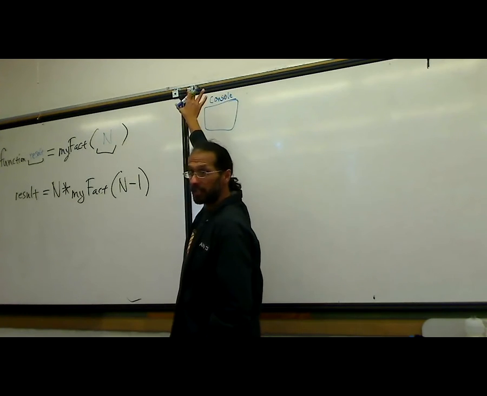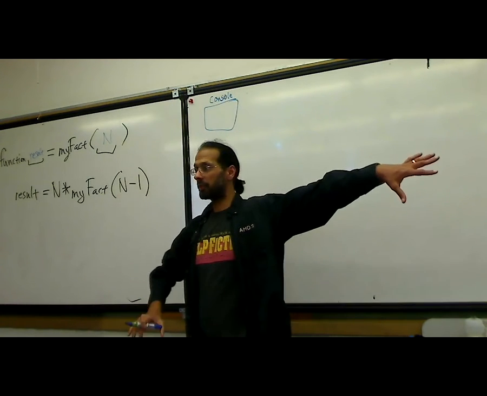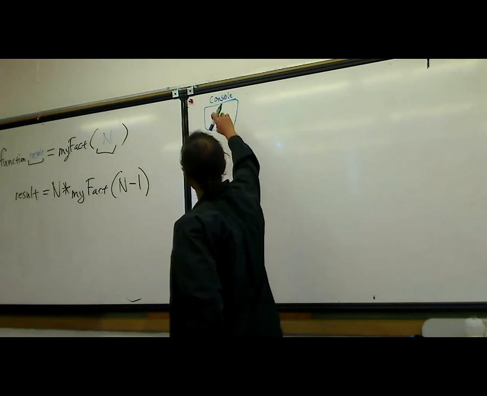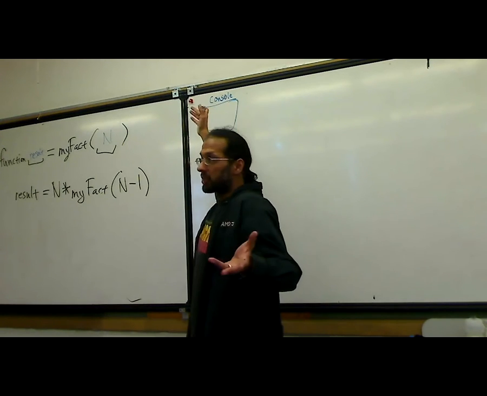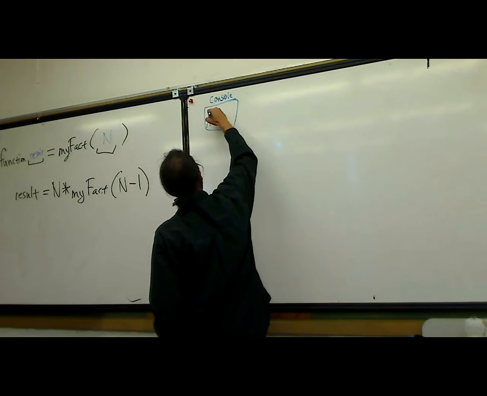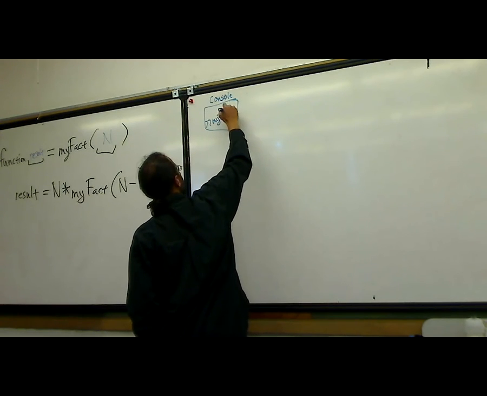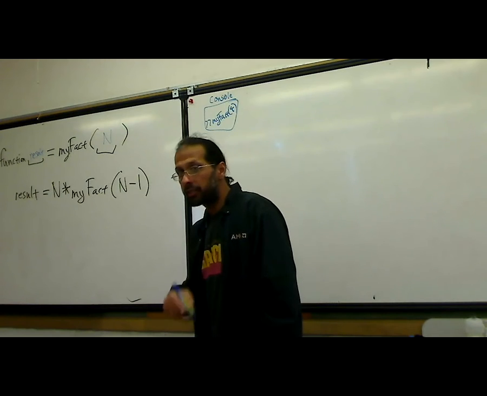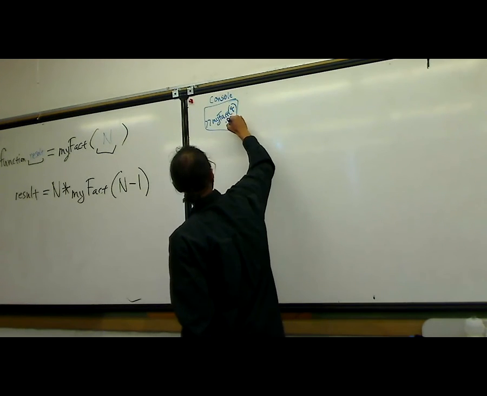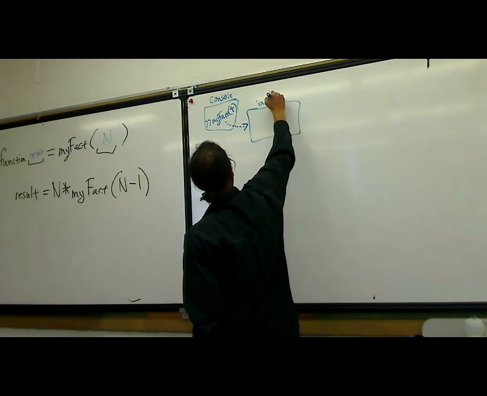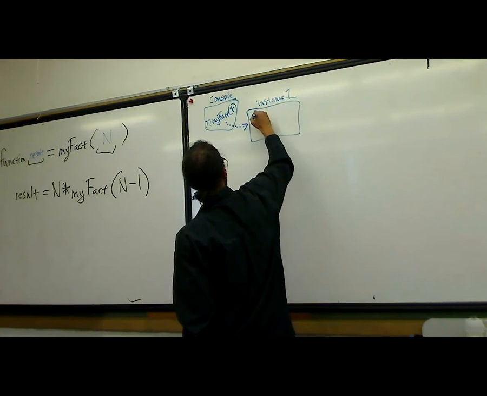You know what I'm talking about when I say console, right? Or your terminal, command prompt, there are a lot of different words for it. Here, I'm just waiting, right? And then I make my first call to my fact. So let's do that. My fact, let's do 4. That is going to spawn an instance of this function. I'm going to call it instance 1.